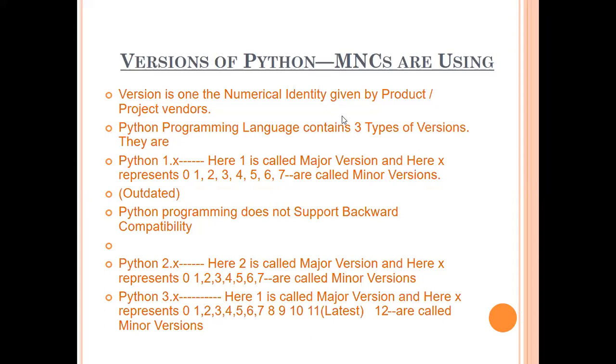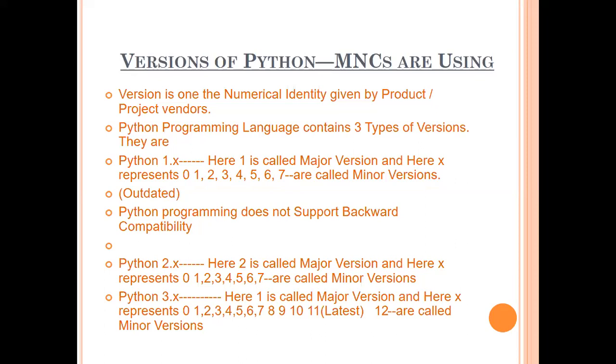Okay, students. As I've told you, 1 is the major version and x is the minor version. So 1.x is an outdated version nowadays. Please remember that Python does not support backward compatibility.